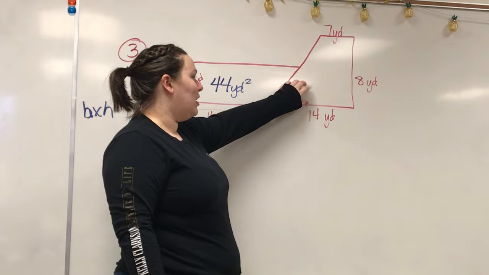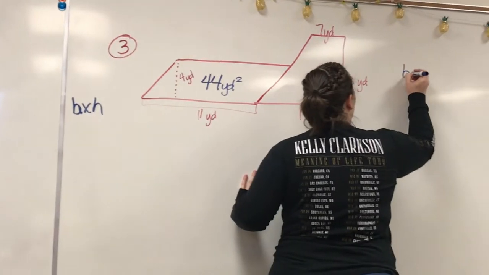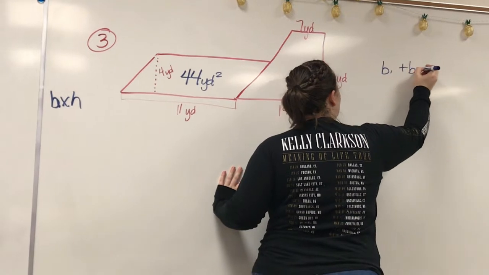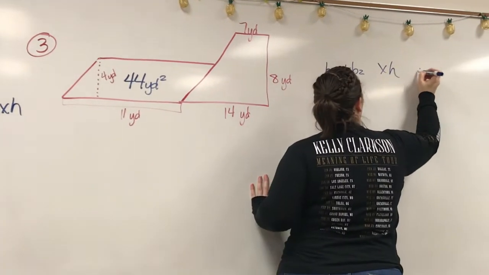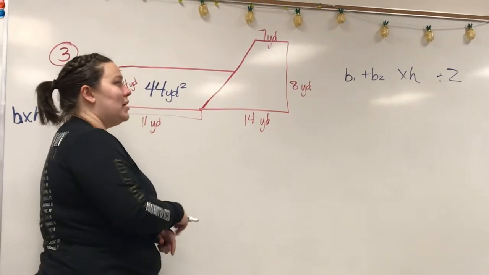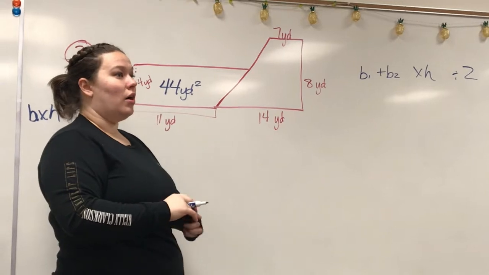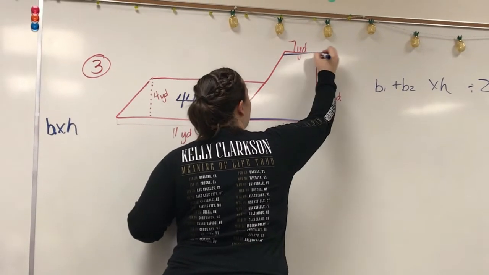How do we find the area of this trapezoid? You take base 1 plus base 2 times your height, and then divide by 2. Remember, it's 3 different steps. Remember, your base 1 and your base 2 are your parallel lines. So there's base 1, there's base 2.